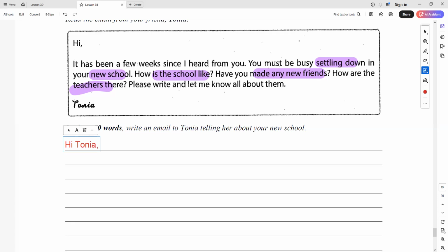I just started at my new school and I'm busy settling down here. So you can write the first sentence. 我刚开始, okay, this is what we are answering the question there, okay? 我刚开始怎么样?